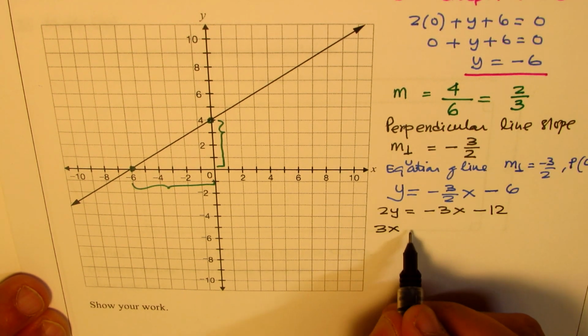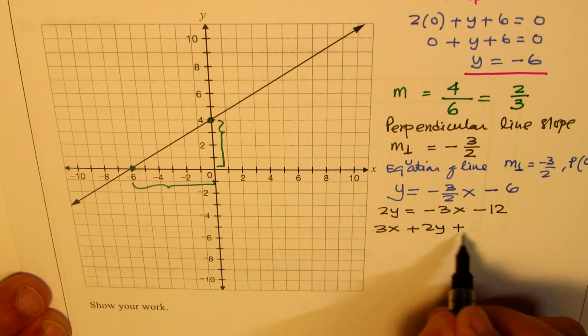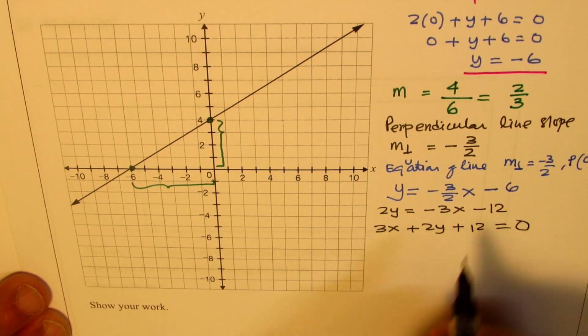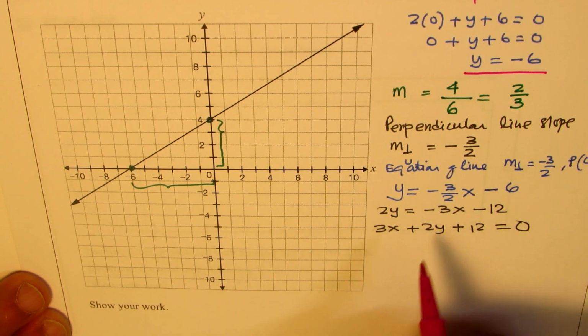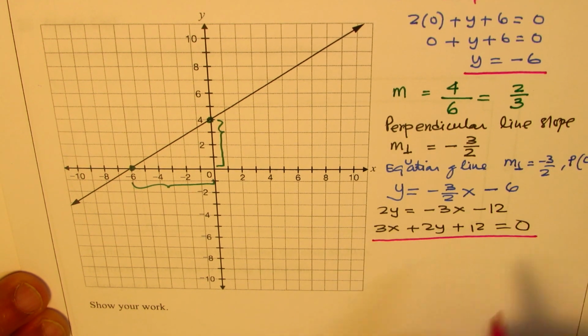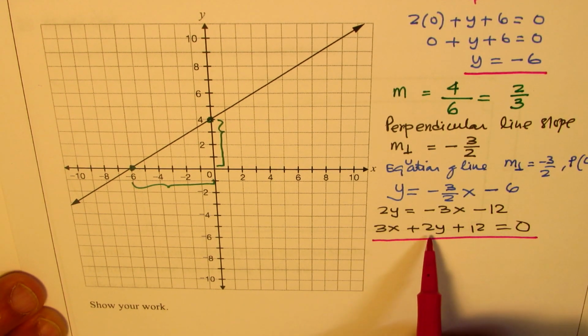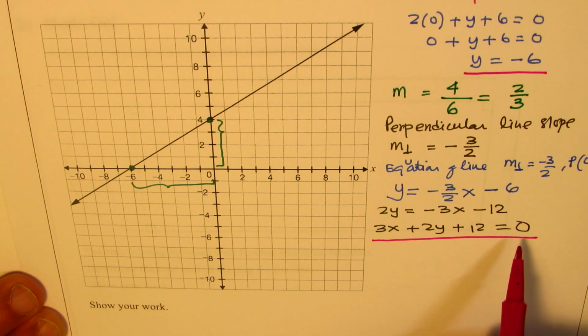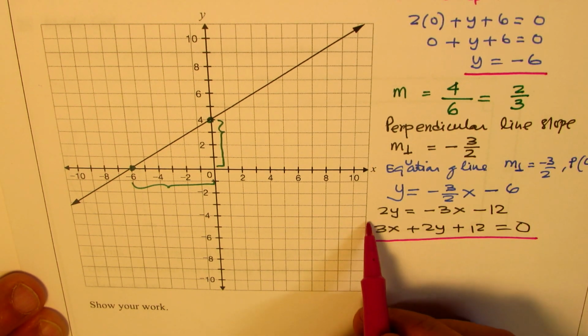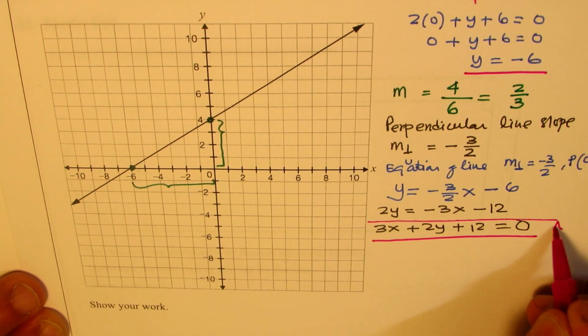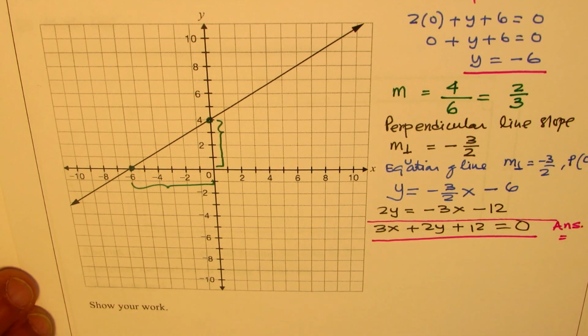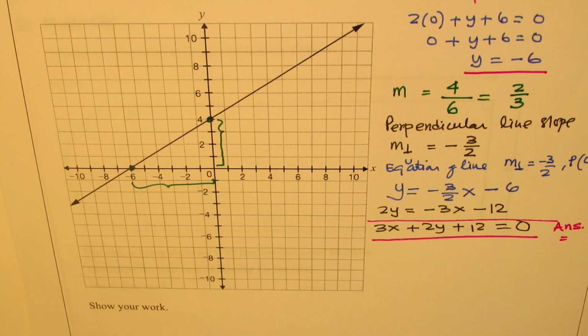So we get 3x plus 2y plus 12 equals 0. So that becomes the equation of your line. You see, 3x plus 2y plus 12 equals 0 is the equation of the required line. So that's our answer. Is that clear? That is how you should be solving it. I hope you find it interesting and useful.